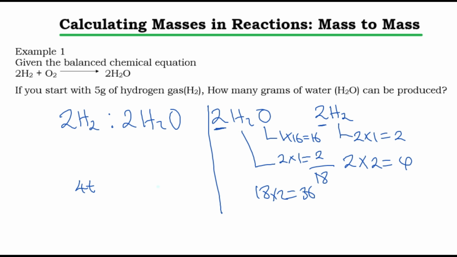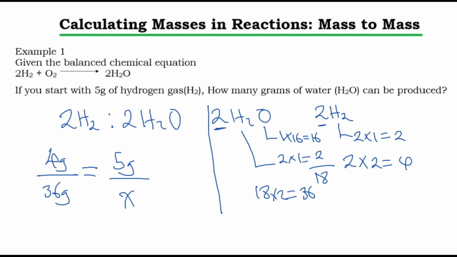So the ratio we can get from this balanced chemical equation is that 4 grams of hydrogen will produce 36 grams of water. And this is equal to, now we need also to construct the other ratio from the problem. So we've got 5 grams of hydrogen. 5 grams of hydrogen will produce X grams of water. Don't put a unit on the X.